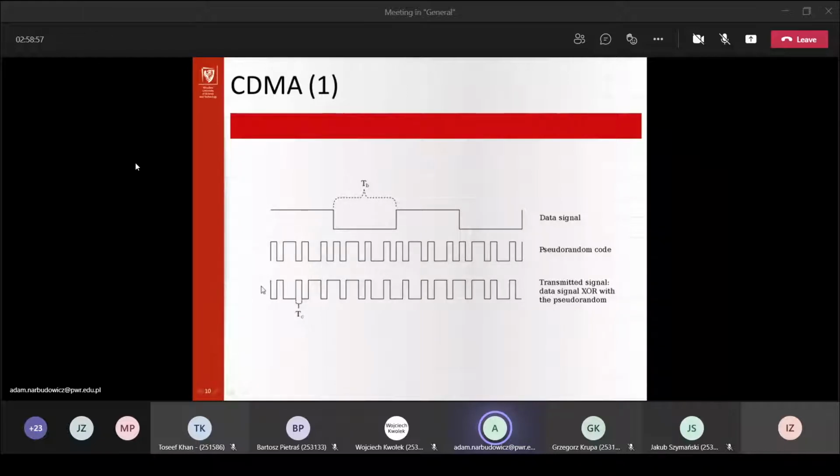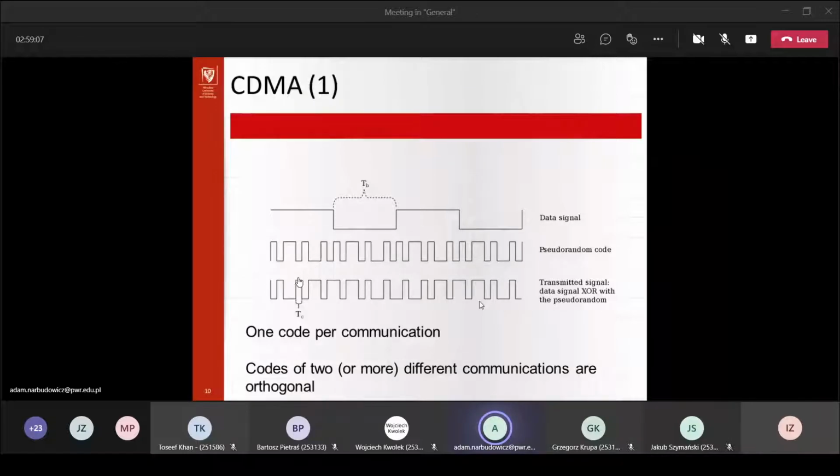Then when we perform XOR, we have this signal. And we have one code per communication. This is the important principle here: the codes of different communicating parties need to be orthogonal. And we're thinking here about orthogonality in the mathematical sense.